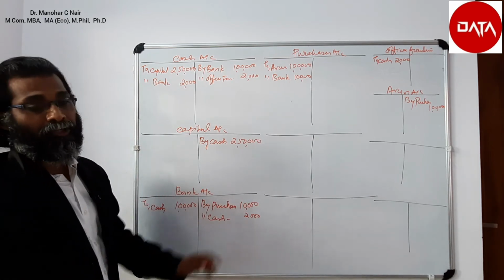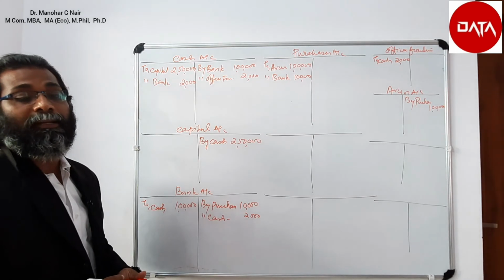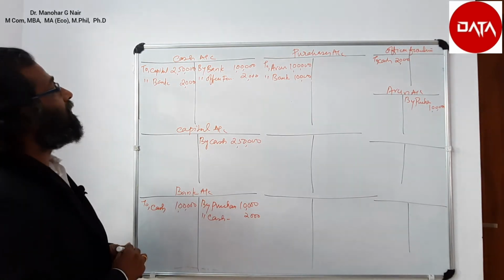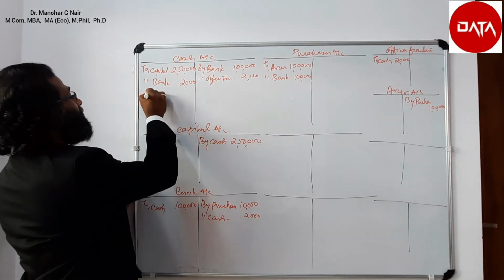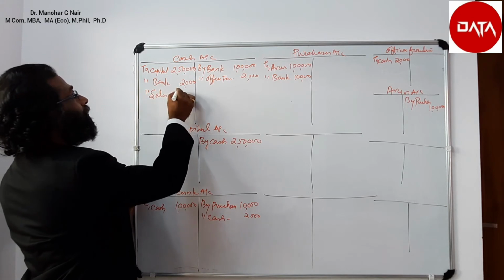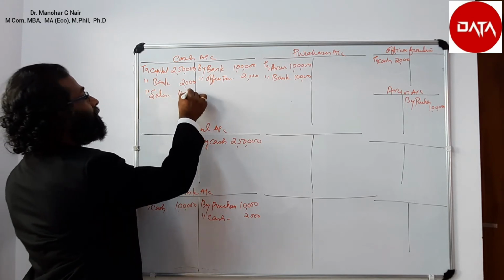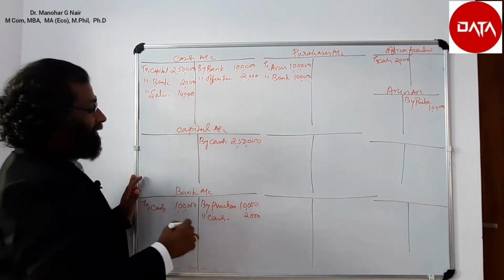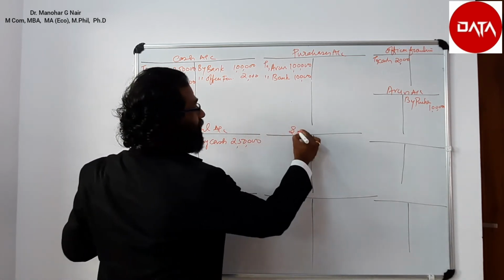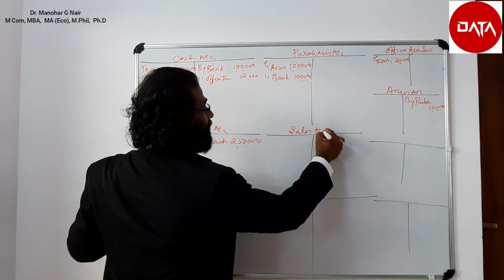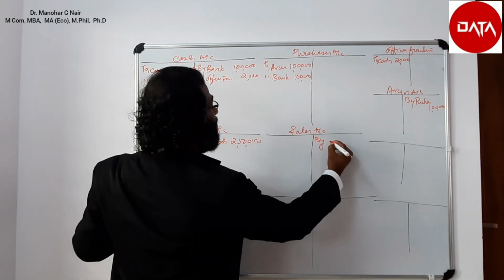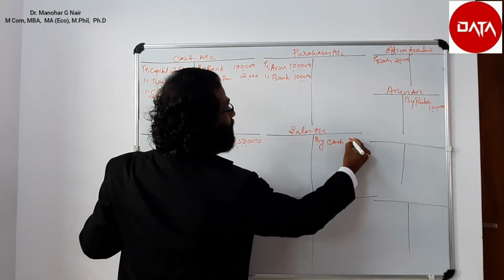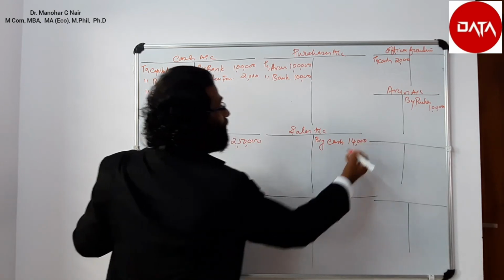Next is cash account debtor to sales, 14,000. Then we have to open another account, sales account, by cash, value 14,000.